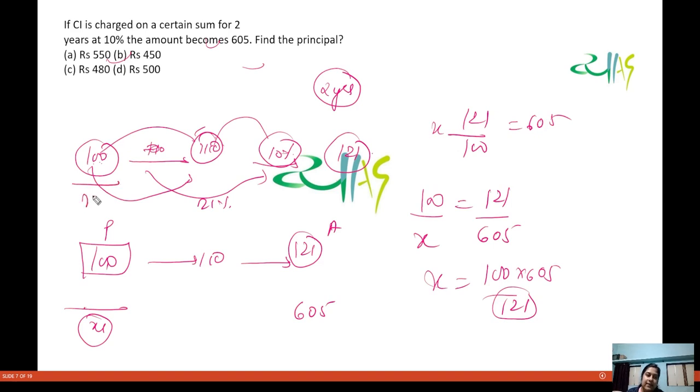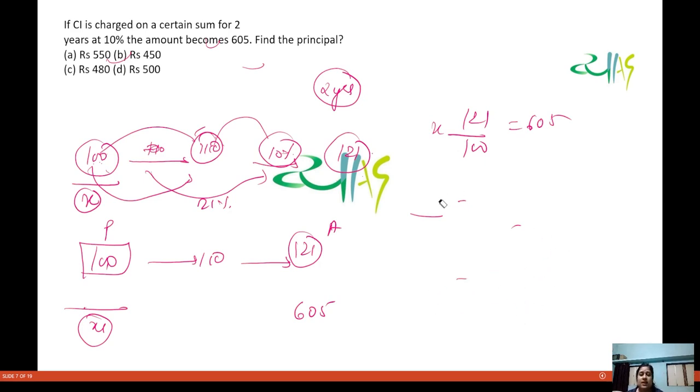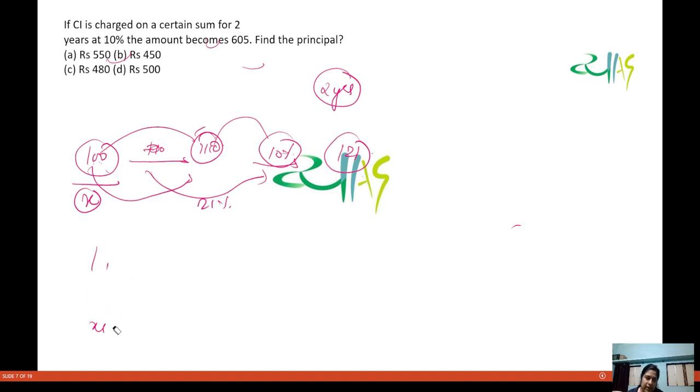100 divided by x. See, because the ratio will be the same, this 21% increase has happened, so this will also go to 21%. I hope you understand what I am trying to tell you. I am trying to teach you many methods of finding compound interest, or trying to make you visualize compound interest in many formats. So 100 by x is equal to 121 by 605.